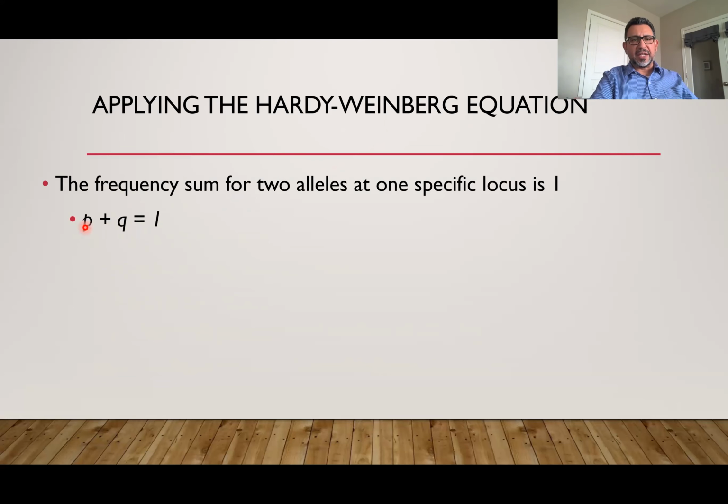We don't have to identify that. So the frequency of allele p plus the frequency of allele q must equal 1. And frequencies are real easy to calculate. In statistics, we do it by dividing a number of observations over the total number of events. And I'm going to be using examples to help you understand a little bit better.